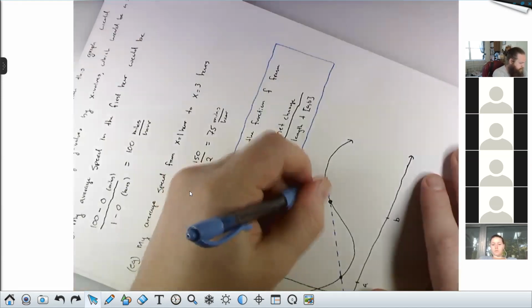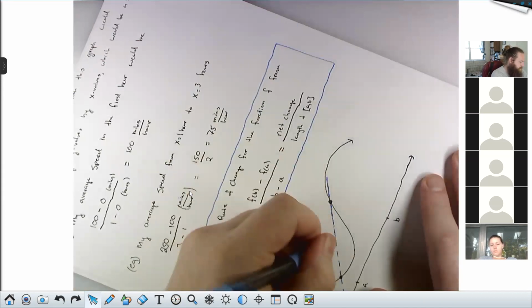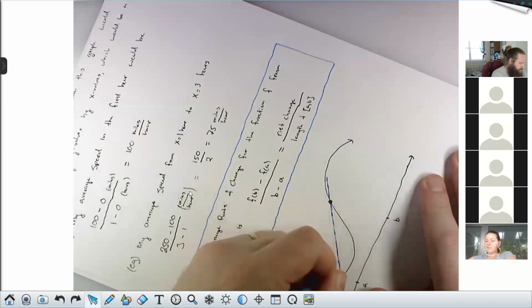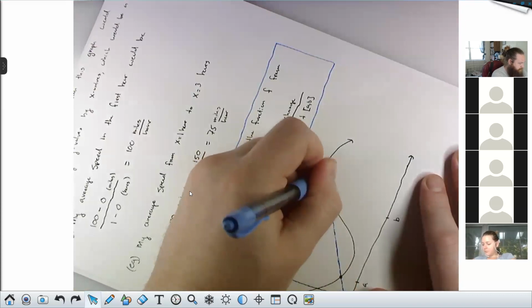Maybe I won't dash it. We've got some color. If you're working without color, I suggest dashing this line. Since I've got the colors, solid, so it's easier for you to see.